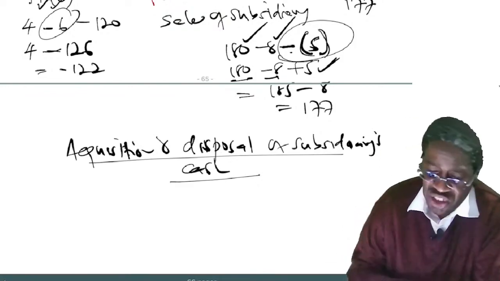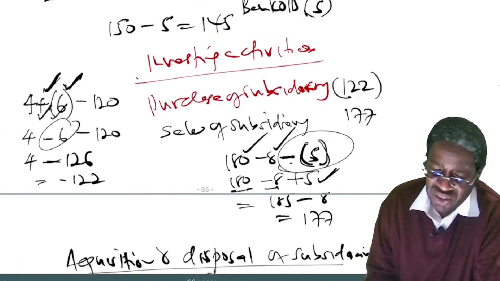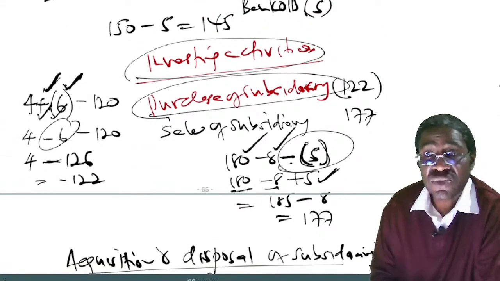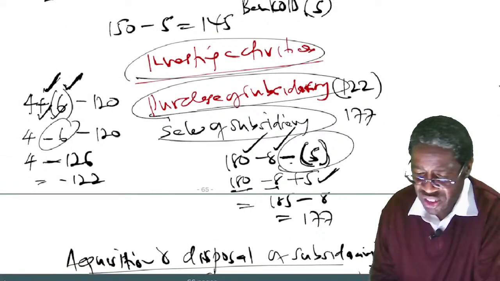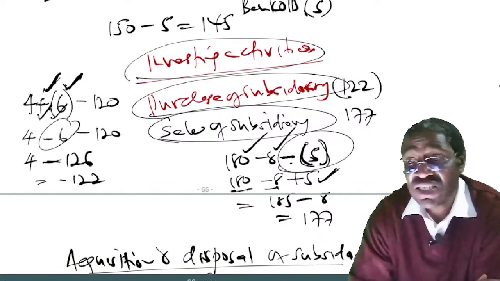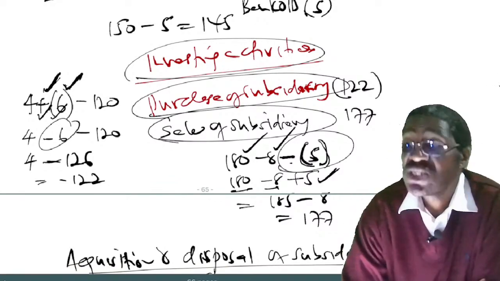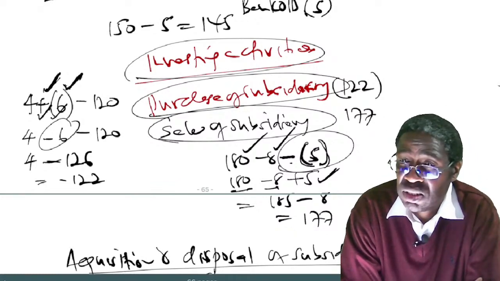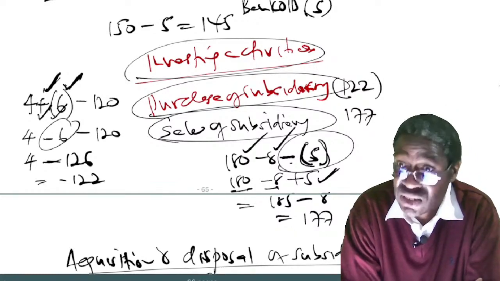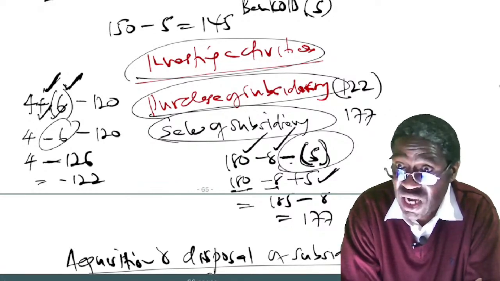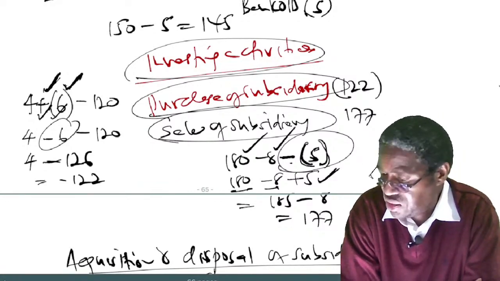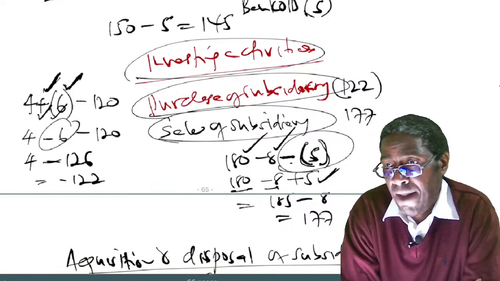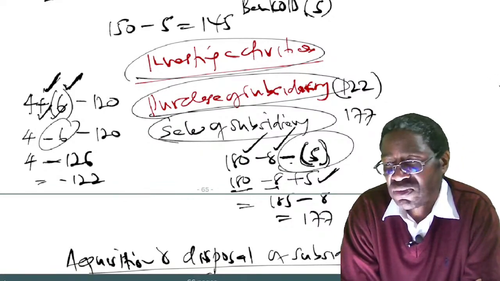That is the one we are showing here among the investing. Either you will have an item called purchase of subsidiary, or you will have an item called sale of subsidiary. That's the one I'm saying should be shown separately in the cash flow statement among the investing activity items.